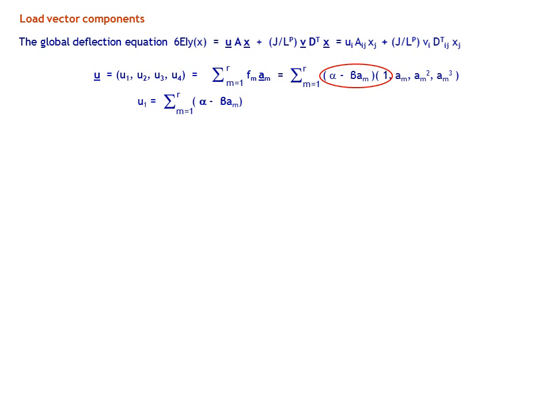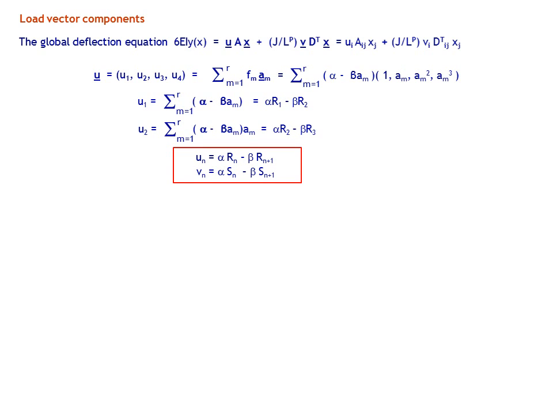Using the results shown in the previous slide, we can write this sum as alpha times big R1 minus beta times big R2. If we look at u2, which is equal to alpha am minus beta am squared, we'd find that this summation would give alpha big R2 minus beta big R3. This is easily generalized to un is equal to alpha big Rn minus beta big Rn plus 1. Similarly, we find that vn is equal to alpha big Sn minus beta big Sn plus 1.